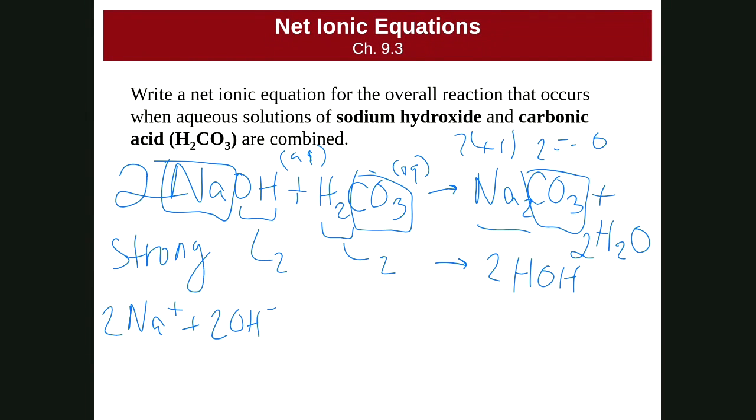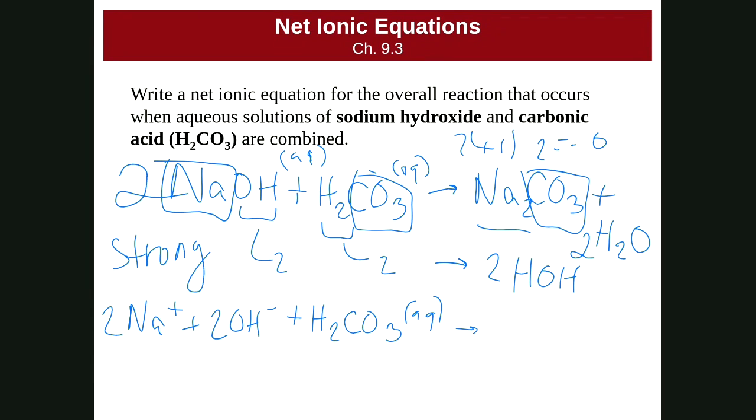Carbonic acid is weak. So it does not fully dissociate, so I'm going to keep it together, just like we did with our ammonia in our weak base strong acid problem.